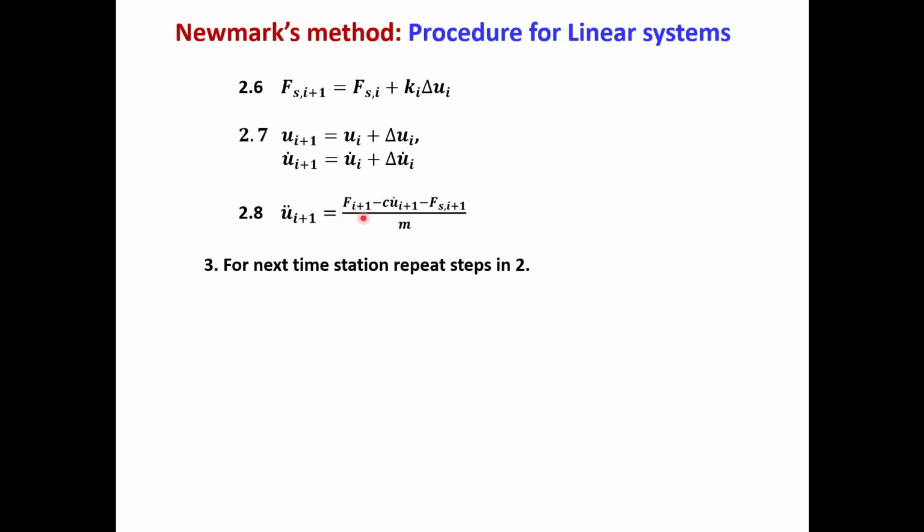If you look at the previous page, this expression is available already: Fi plus 1 minus c u dot i plus 1 minus fs i plus 1, divided by the mass. After this calculation, the values at the new time station i plus 1 are known, and now we repeat this step 2 and go to the next steps.